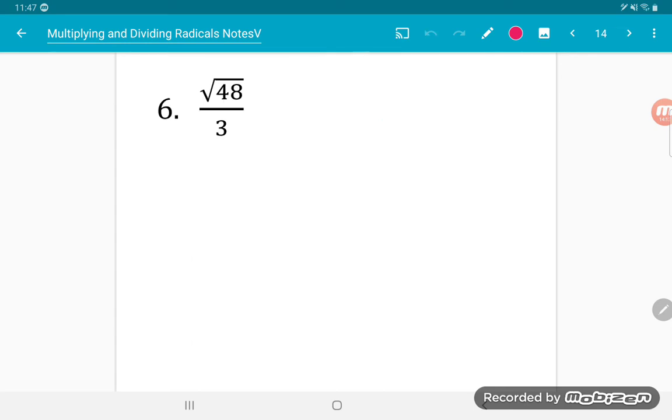The last example, which is example 6, I do not have to rationalize the denominator because there is not a radical in the denominator. However, I have to simplify that radical 48 that's on the top. My numbers for that radical 48 are 16 and 3.